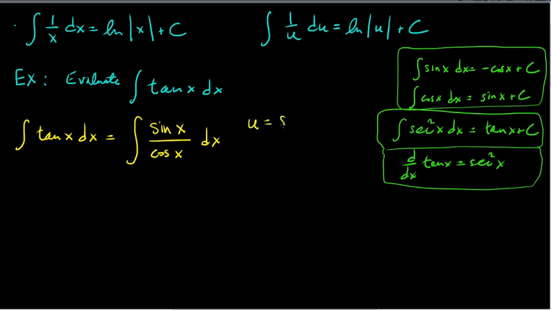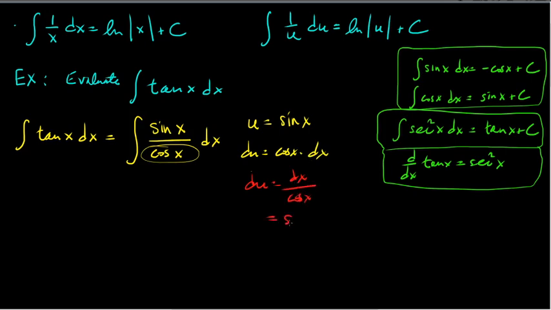So we can either let u be sine, but the derivative of this will be cosine, and the cosine's in the wrong place. It's in the denominator. Remember, we want du to be cosine of x times dx. We do not want du to be dx divided by cosine of x.